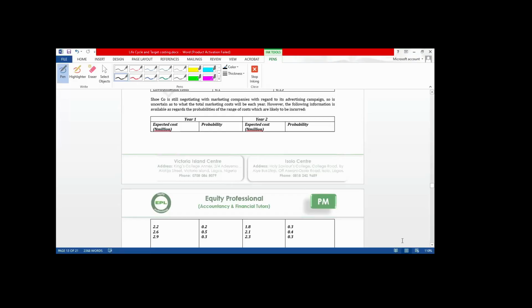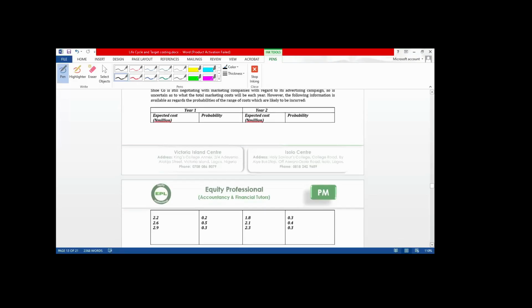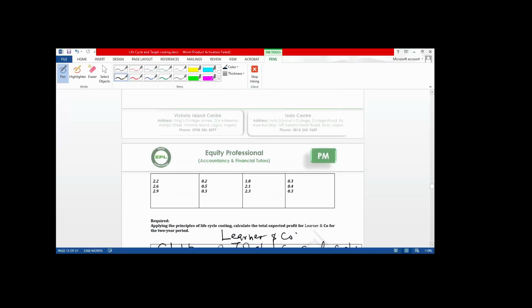You are not going to calculate expected value alone; you are going to calculate expected marketing cost.